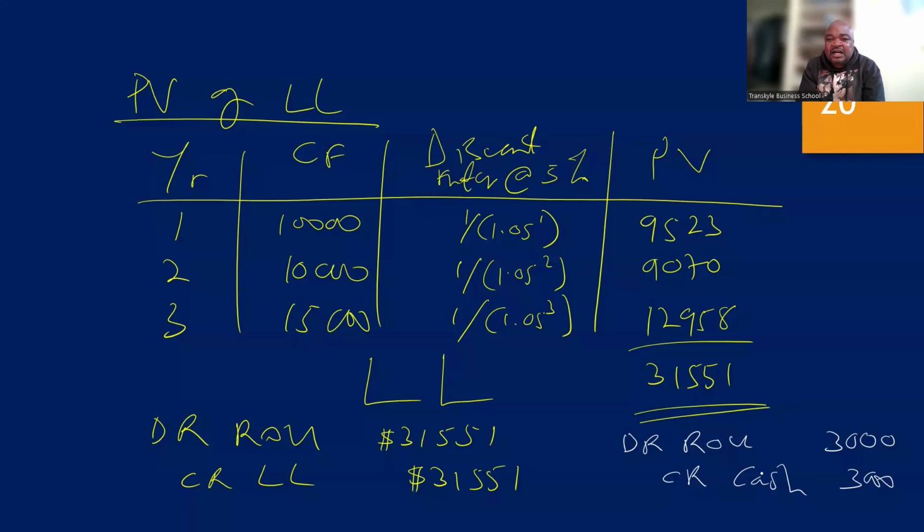Okay, what about the payment? Is it income? The payment we are going to receive, is it income? What is the double entry?